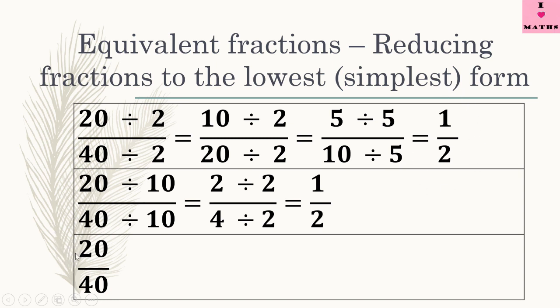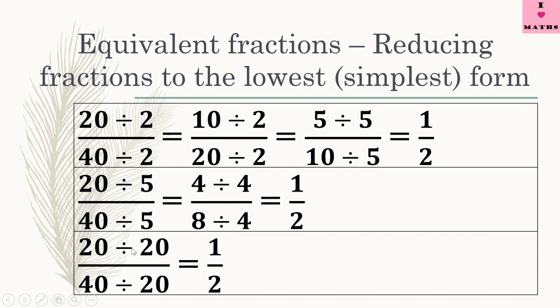Now, the third method. There is one child who said, ma'am, I will try with some other number. Okay, let us see how he tried. He tried with 20. In the table of 20, 20 and 40 both come. Right?